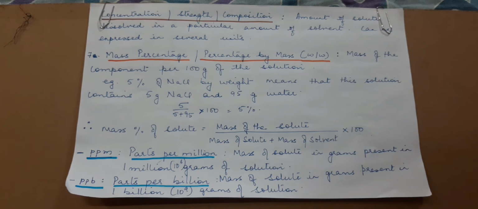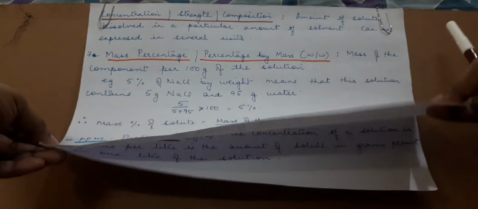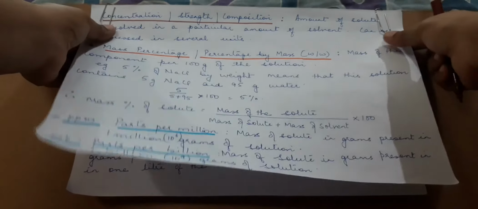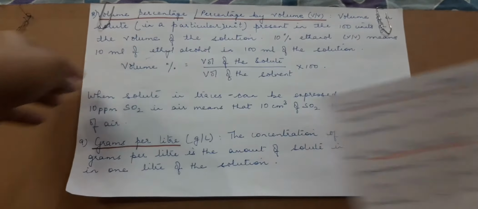And parts per billion, the same way in terms of 10 to the power 9: mass of the solute in grams present in 1 billion grams of the solution we say is parts per billion, and ppm is the mass of the solute in grams present in 1 million, 10 to the power 6 grams of the solution.